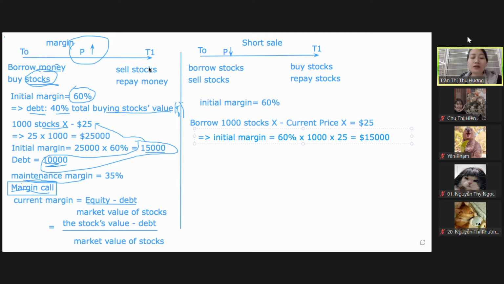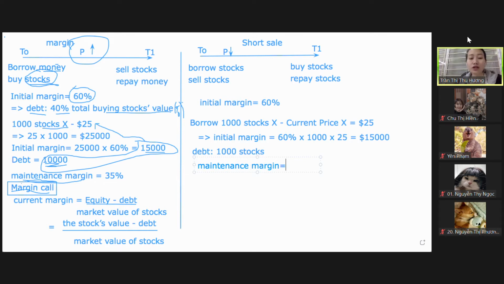The securities company also determines the maintenance margin. For example, it is 30 or 35%. It depends on the securities company. So in short sale, how to calculate the current margin?